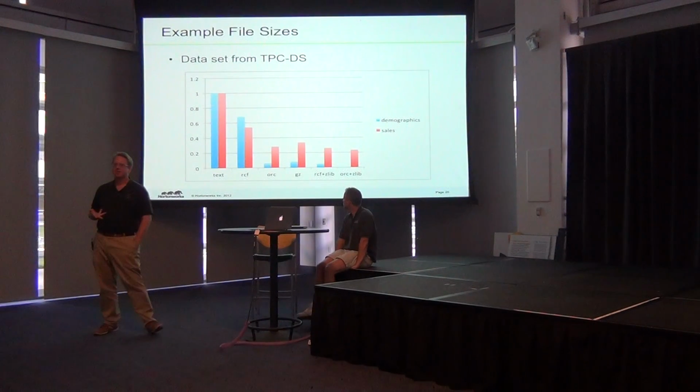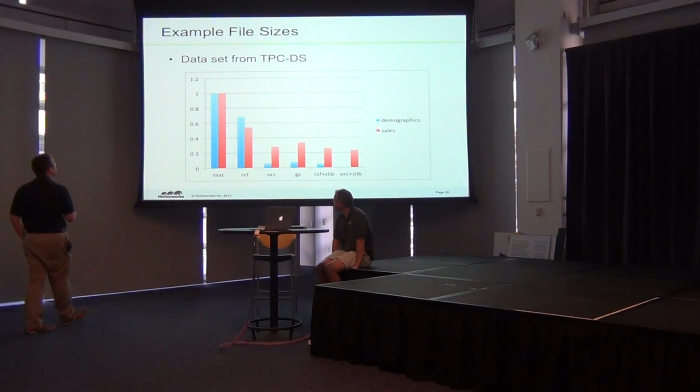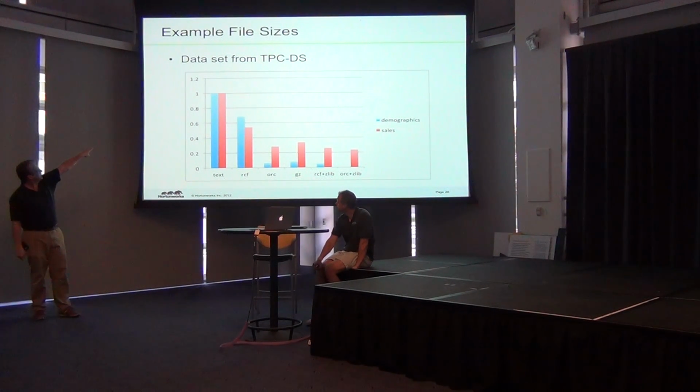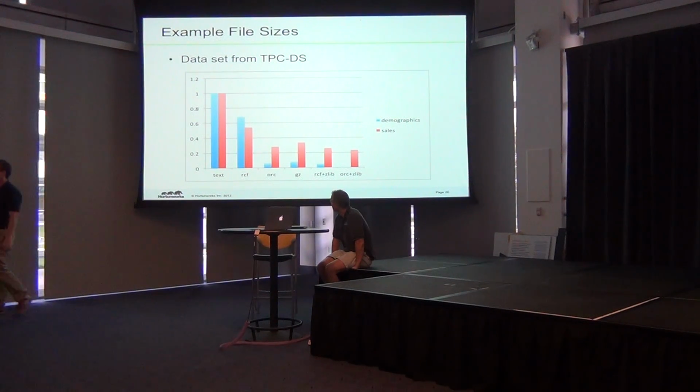Okay, now looking at the sample sizes, these are the ones from TPC-DS. So I've normalized the text form of the files at 1. You can see the RC file came down to roughly 60% on these. Sorry, Red and Blue are two different files out of that benchmark.